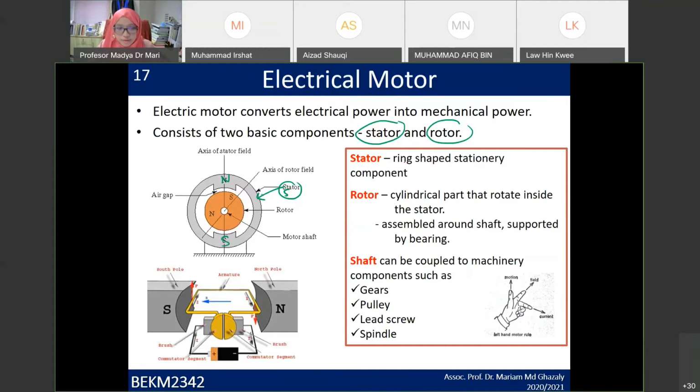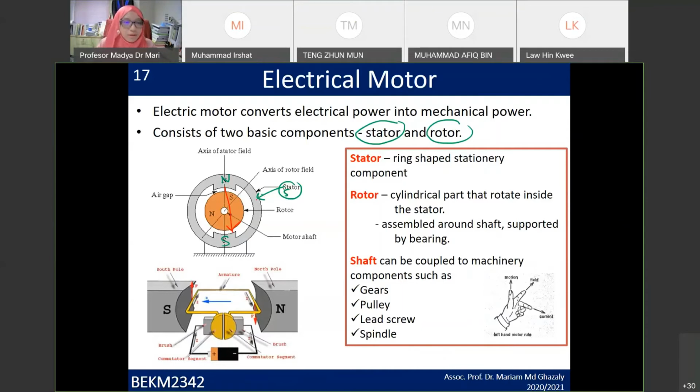Guys, magnetic field direction, from which to which? N to S. Confirm? Yes, north to south. So correct, from the north pole to the south pole.